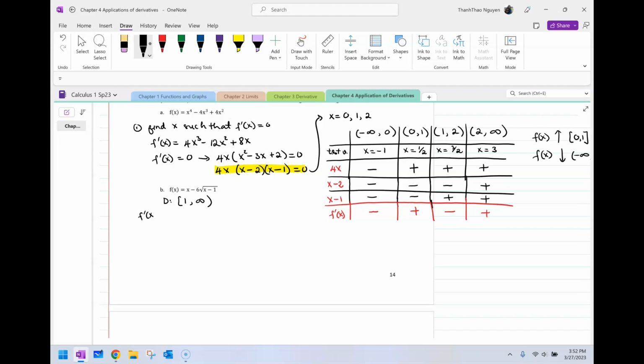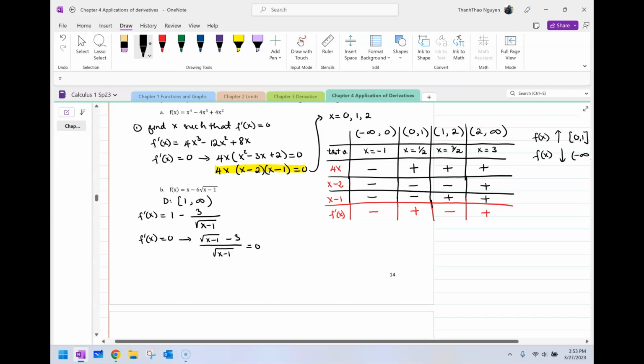f prime of x is equal to 1 minus 3 divided by root of x minus 1. f prime of x equal to 0 means root of x minus 1 minus 3 divided by root of x minus 1 equals 0.